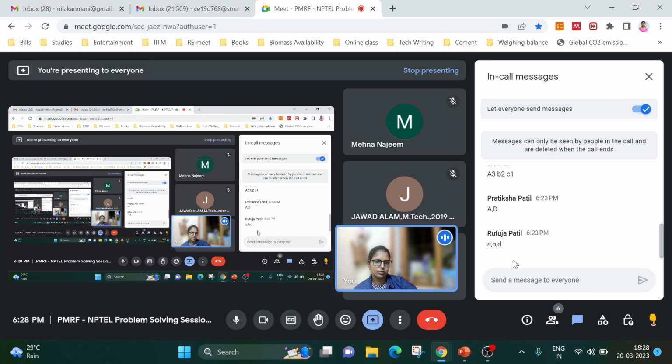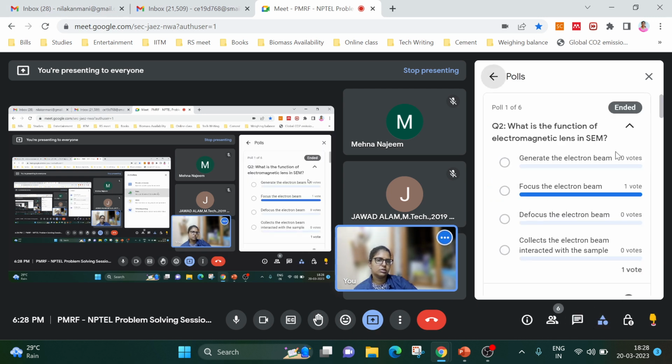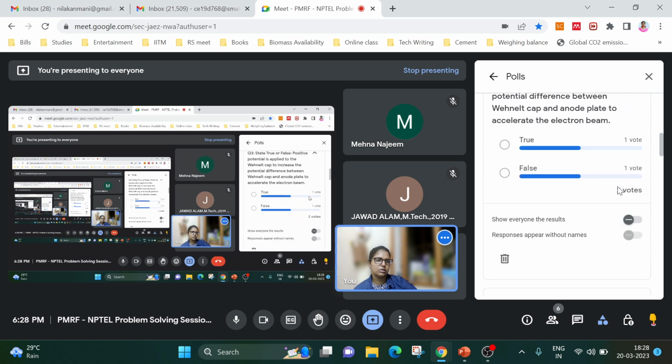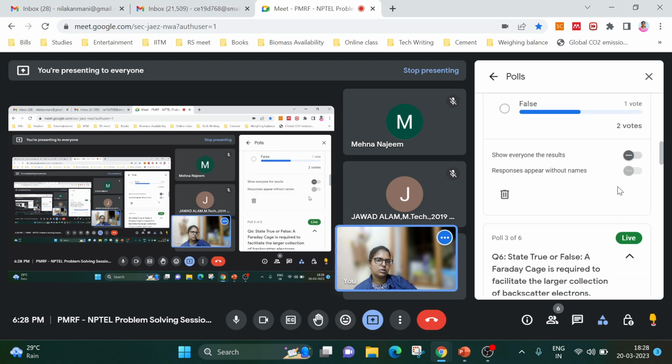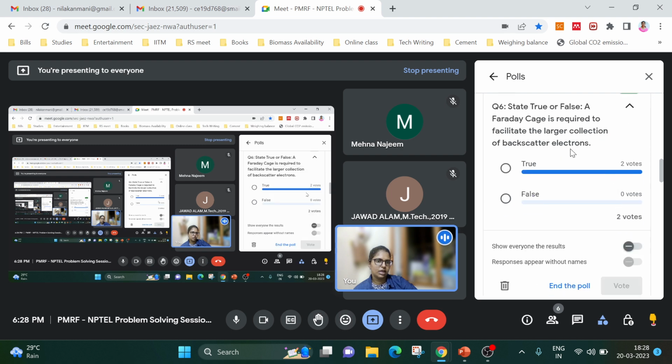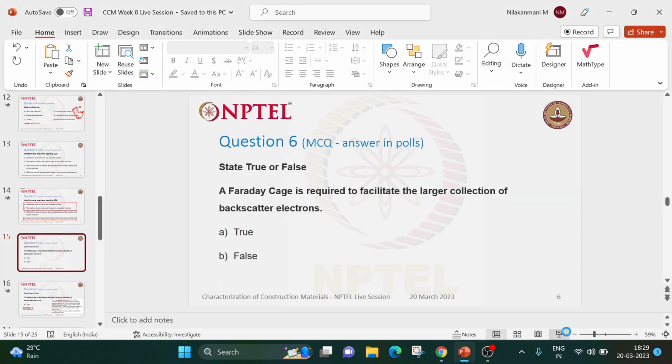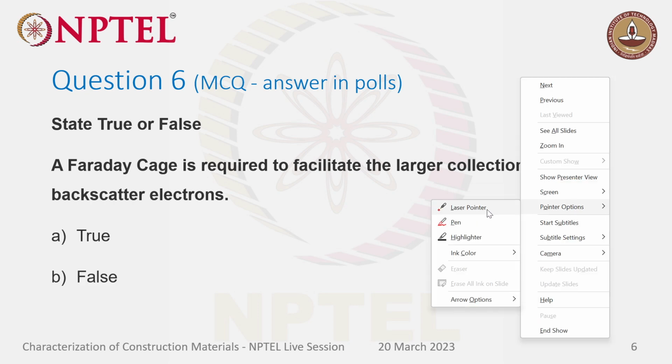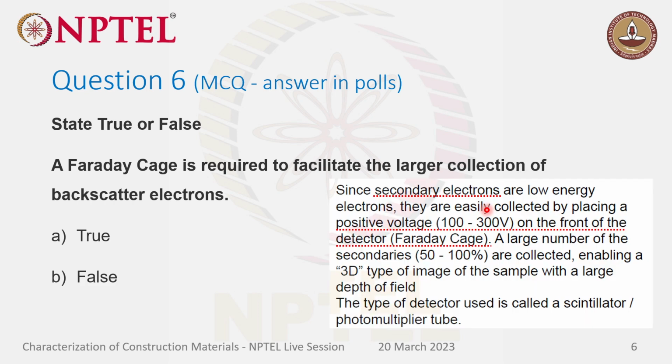Let's see the class response. Faraday cage is required to facilitate a larger collection of backscatter electrons. Let's see what the right answer is. Most of you have selected true. Here, secondary electrons are low energy electrons, as discussed, so they are collected by placing a positive voltage in front of the detector, called the Faraday cage.